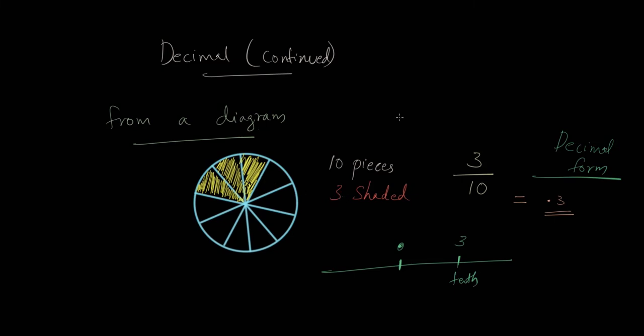So this is how we represent a figure, a diagram. From a diagram, you can represent this as a fraction, and when you convert the fraction to decimals, we get the same thing. And vice versa also. If someone is asking you, from a decimal, suppose I'm having 0.13, so you have to convert that into fractions.